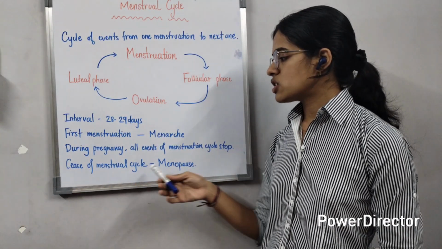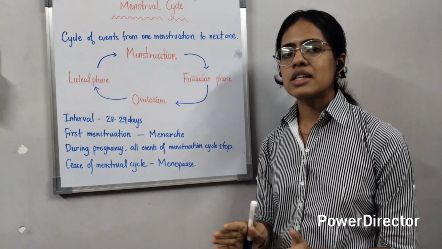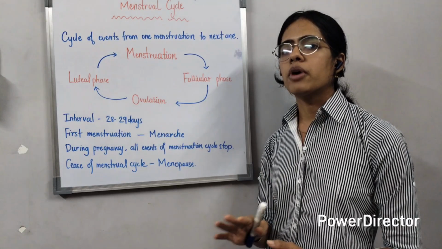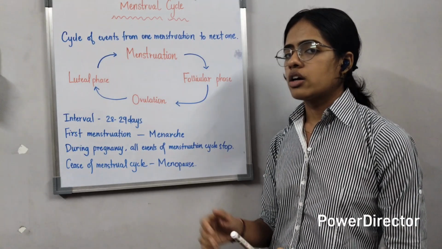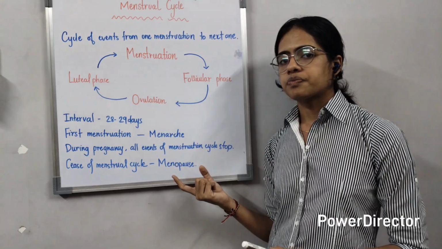Next, phase of menstrual cycle. In human females, this cycle will eventually stop permanently, and that is termed as menopause.